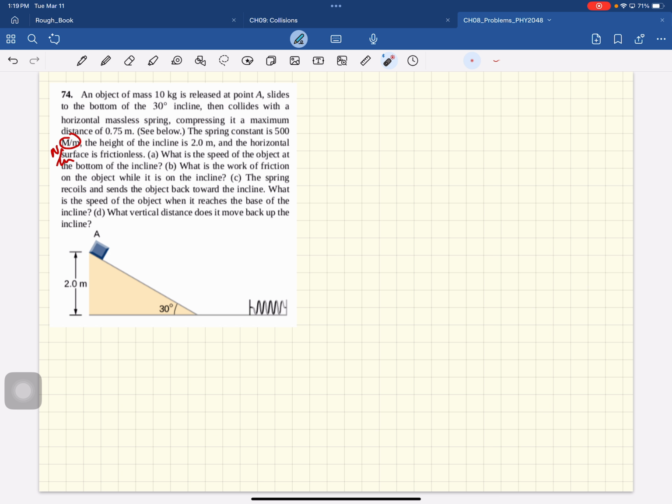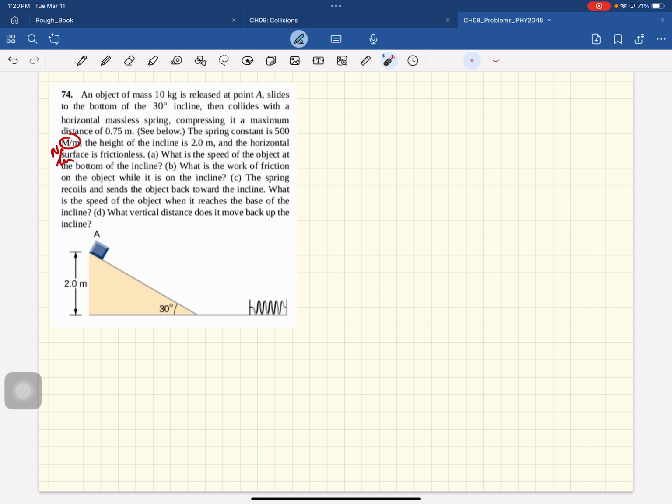What is the work of the friction on the object when it's on the incline? On the incline, this has friction. So from the speed at the bottom, we can calculate how much work is done by friction. If this was frictionless, that would correspond to a certain speed, all the potential energy being converted to kinetic energy.